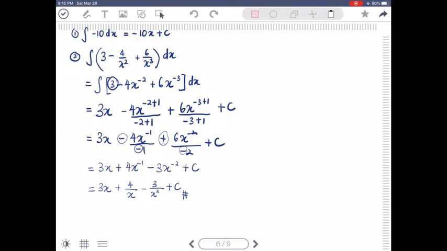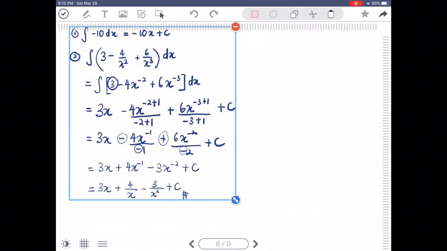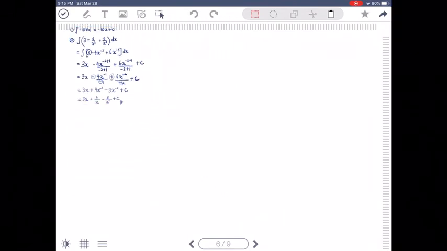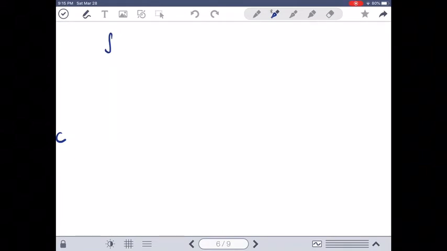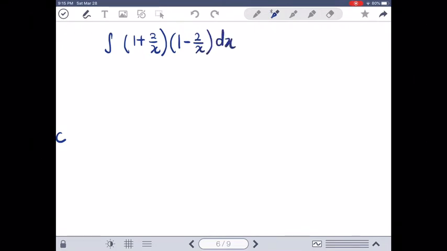Let's have a look at a slightly more complicated example. Let's try maybe integration of 1 plus 2 over x multiplied by 1 minus 2 over x dx.